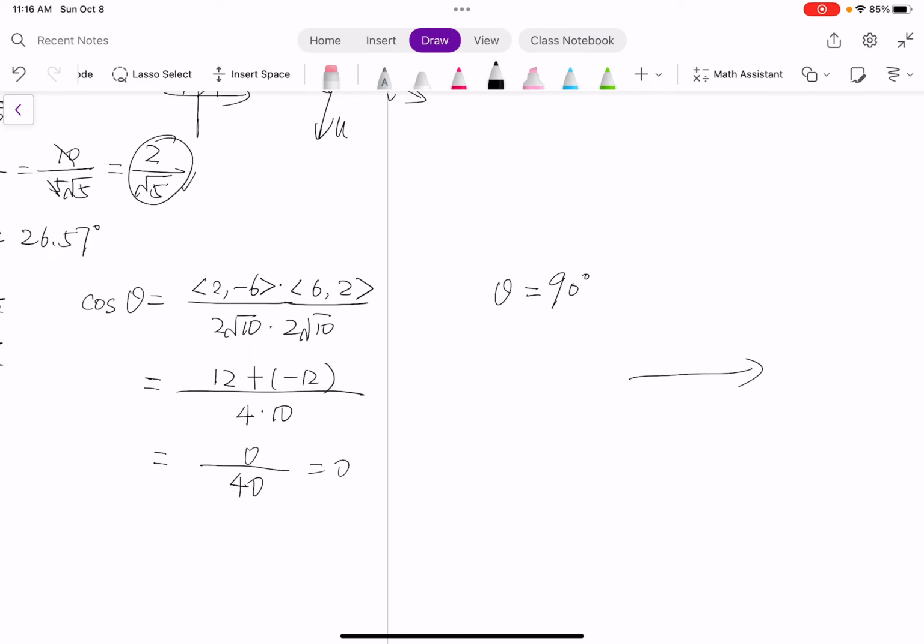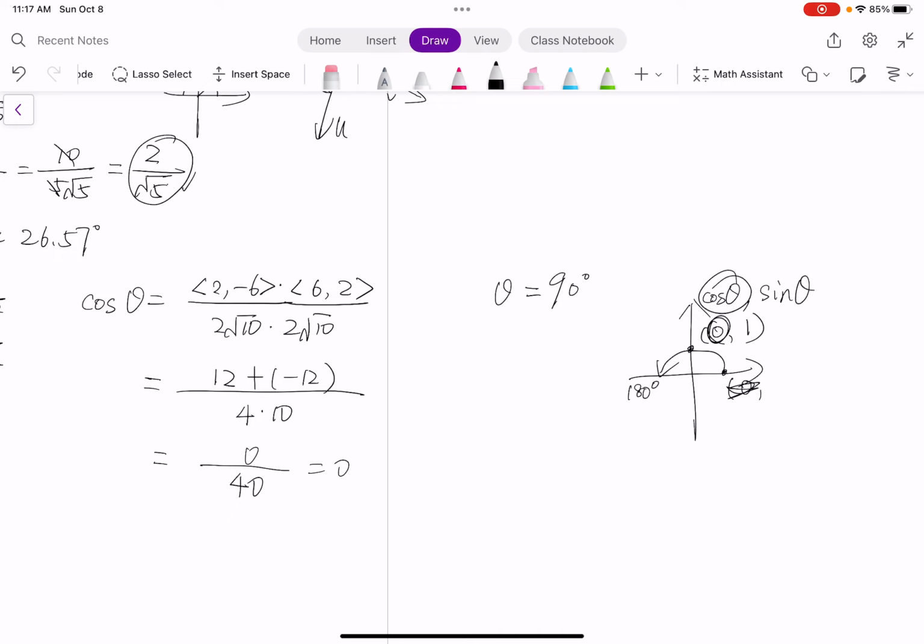My angle must be between these two quadrants, from 0 to 180 degrees. And cosine theta equals 0, so the y value equals 1 and the x value equals 0, the point (0, 1), because we said the point is cosine theta comma sine theta.